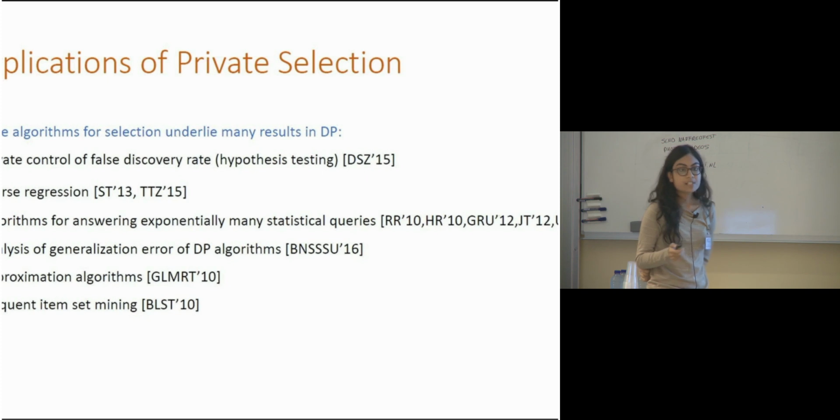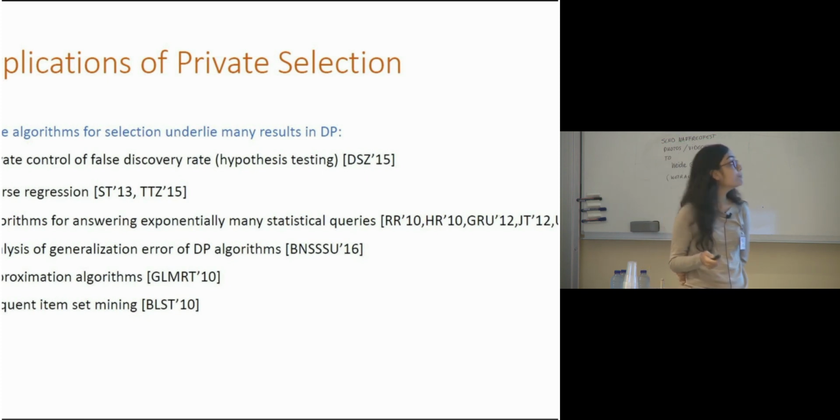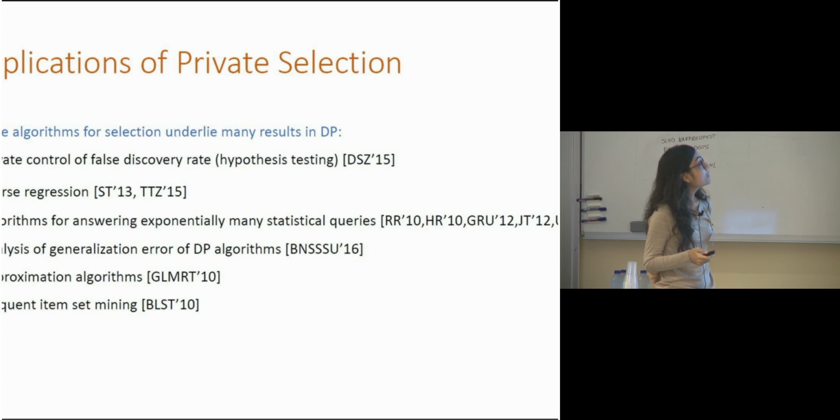The private selection problem, as you can see, is a very simple problem to describe, but it has many applications, for example in sparse regression and hypothesis testing. So I will define the private selection problem more rigorously.